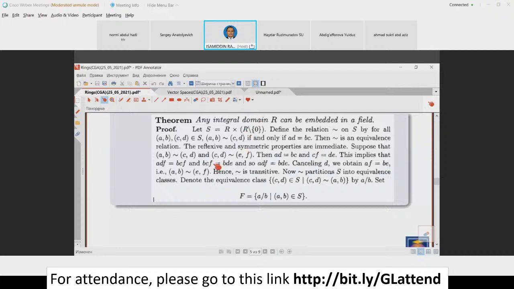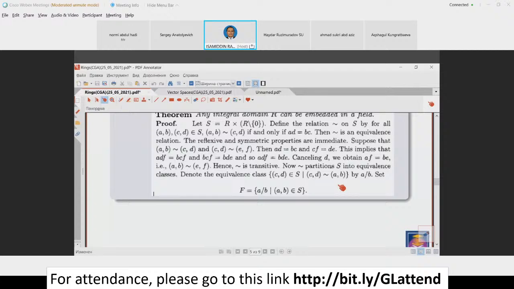So now you get BCF on both sides, so ADF is BDE. Now you can cancel out this D, so you will get AF is BE. That means (A,B) is related to (E,F). So that is transitivity.